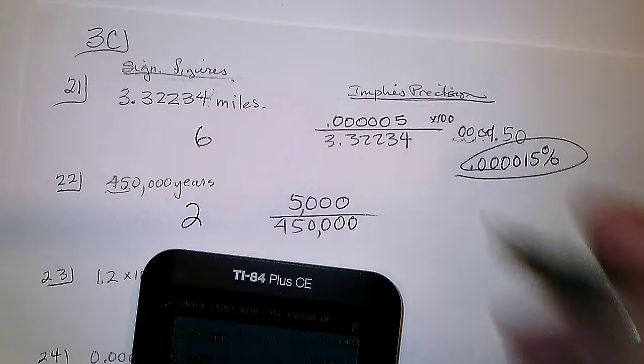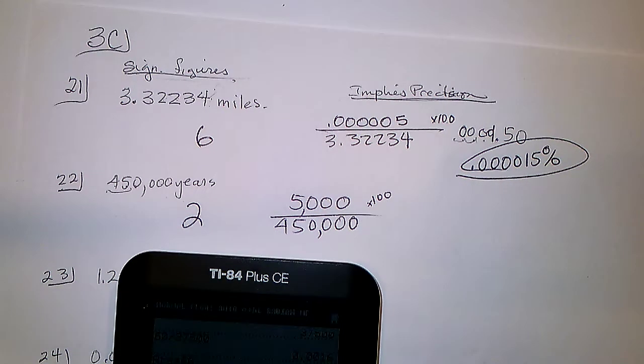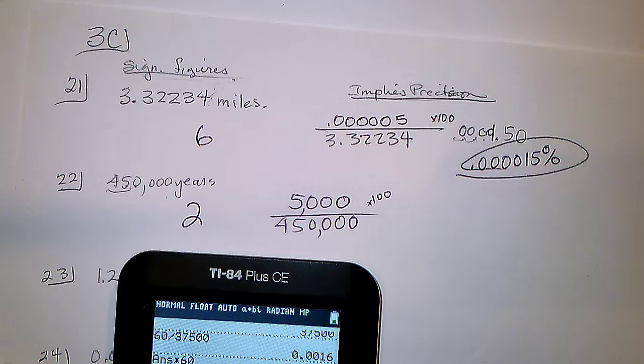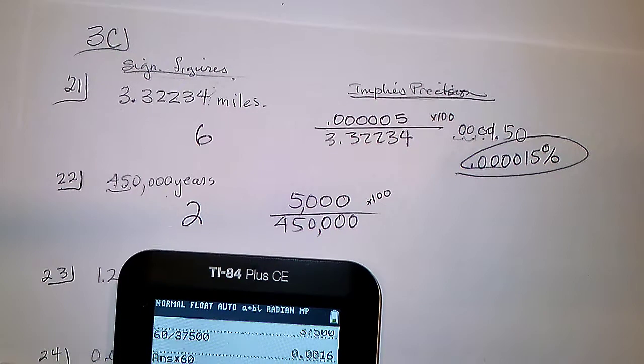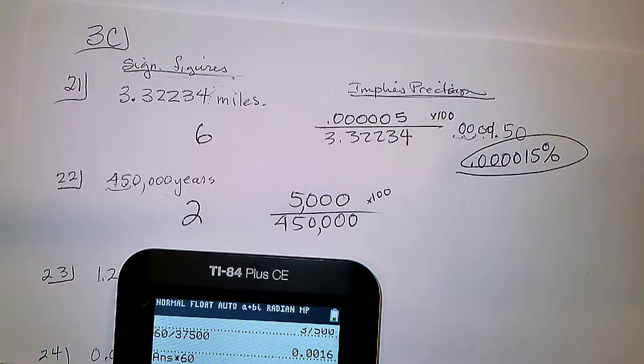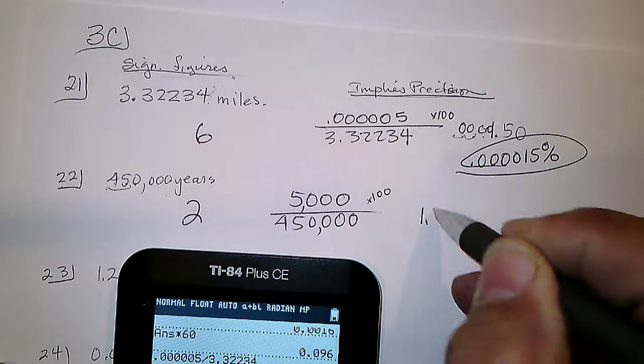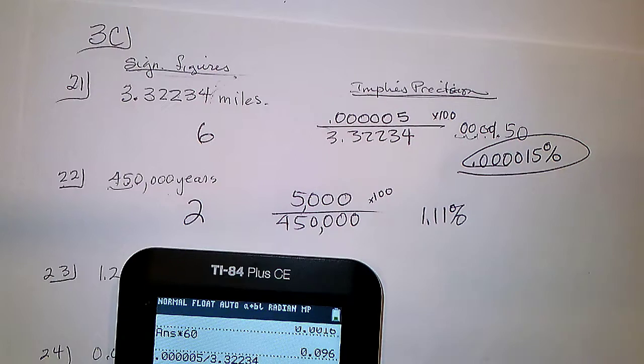And then we take it times 100 to get the percentage error. So 5,000 divided by 450,000, 4 zeros, times 100, and we get 1.11% error, about 1% error.